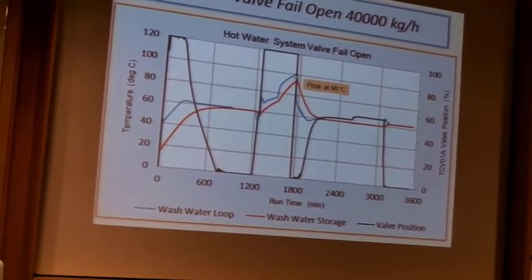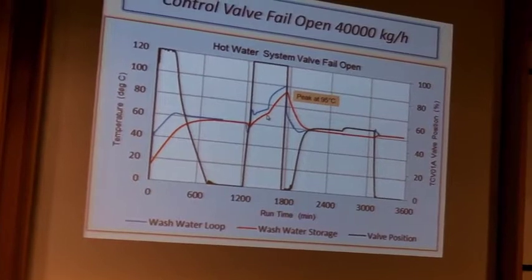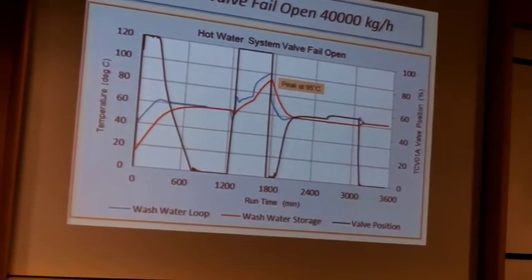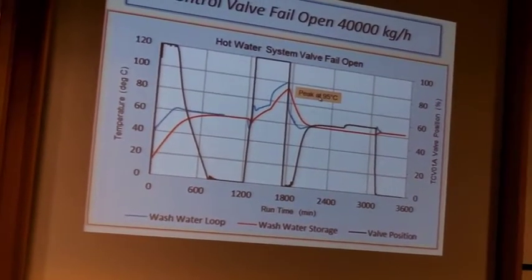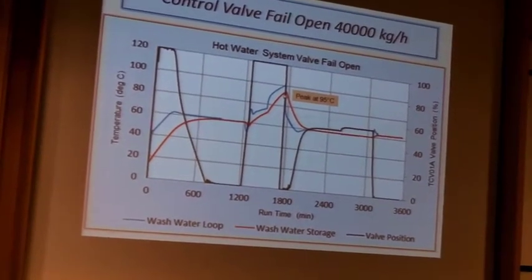It peaked at 100. I had a bit of a shock when I did this, to be honest with you, because I was running the tank at 50% level, and I was circulating at 40,000 kilograms an hour, and I was a bit shocked to see it got up to 95 degrees C in the tank after 6 hours.